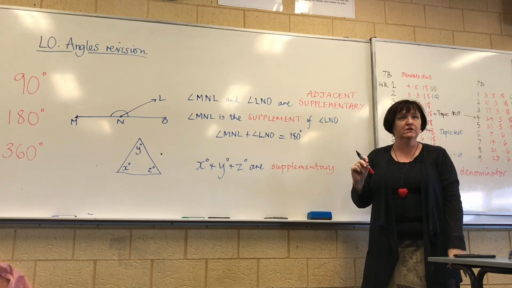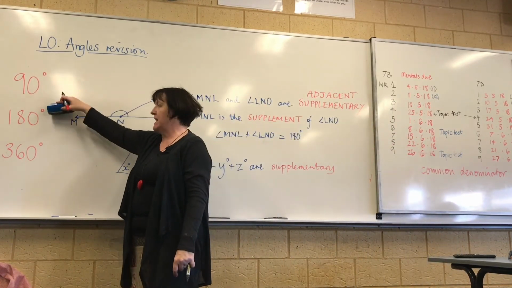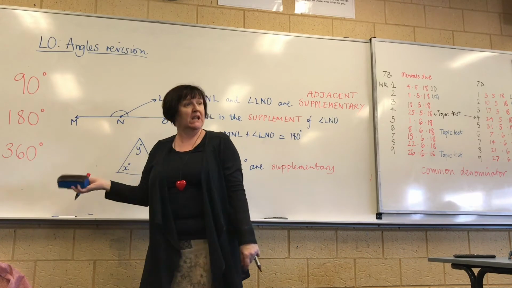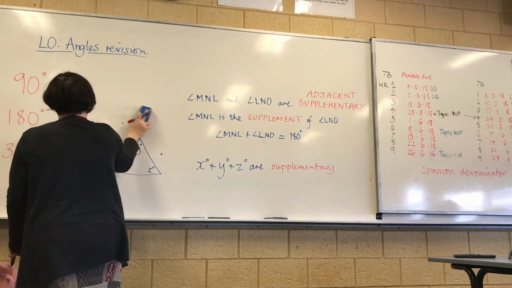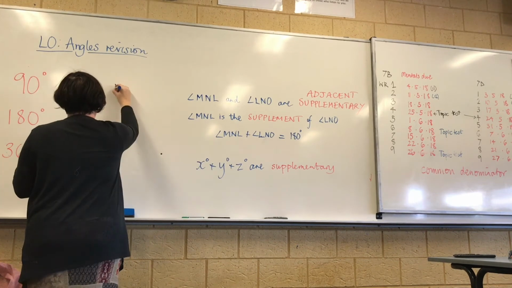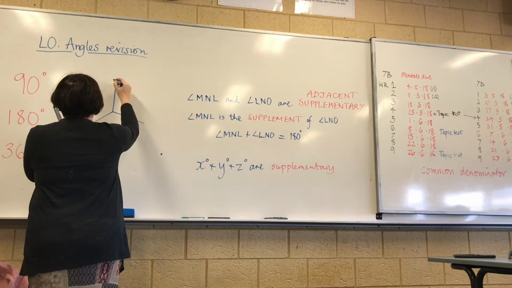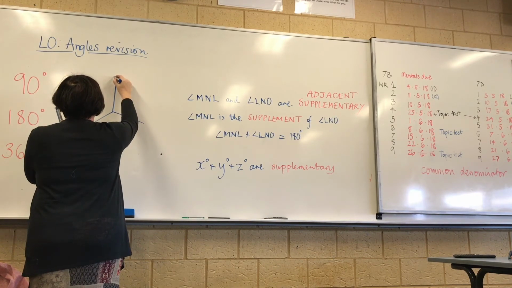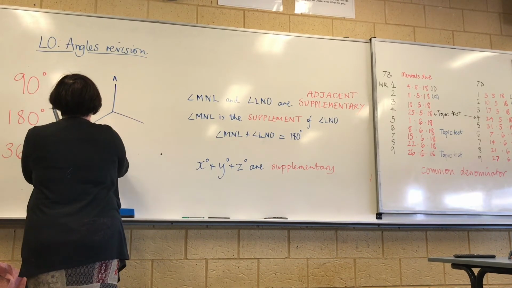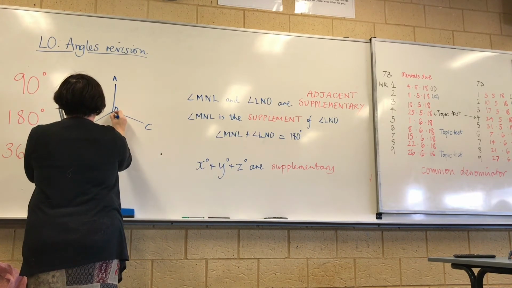So the last one, we've done 90, we've done 180, the next one's going to be 360. Yeah, that's right. So, we draw that diagram here. Let's put this, this, and this. Let's have A, B, C, and D can be the centre.